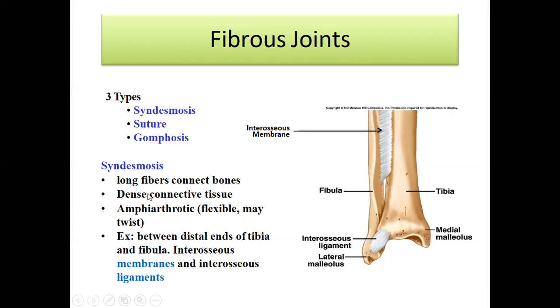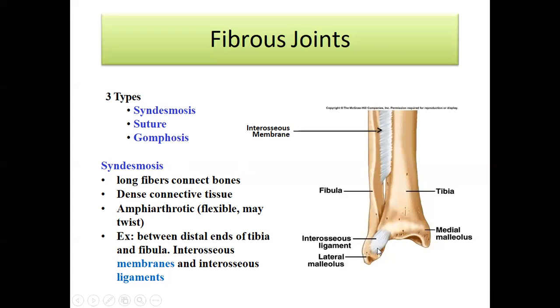These long fibers are your dense connective tissues. If you remember, some of the more prominent structures made up of these dense connective tissues are tendons and ligaments. So as you see here, you have this interosseous membrane that is a syndesmosis.